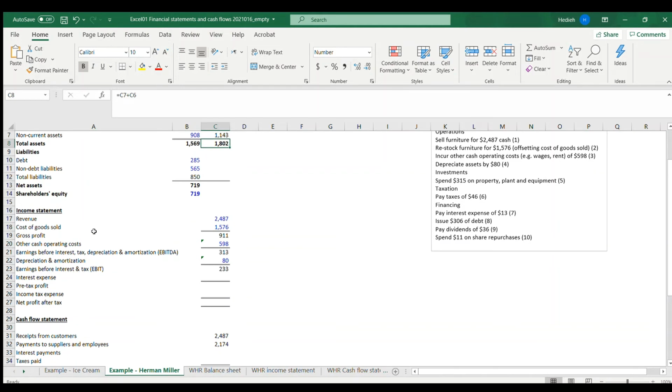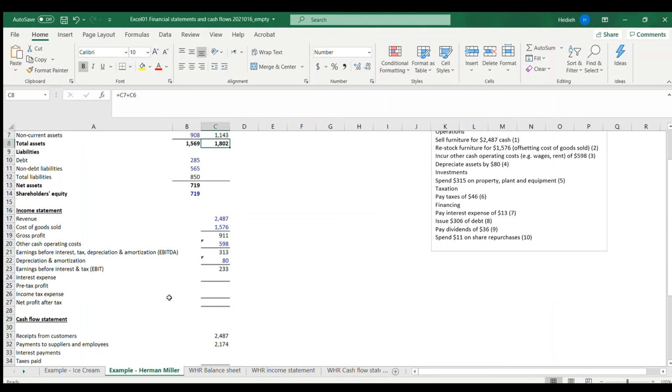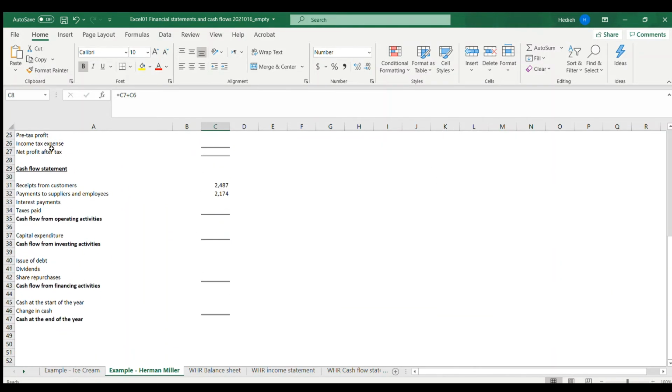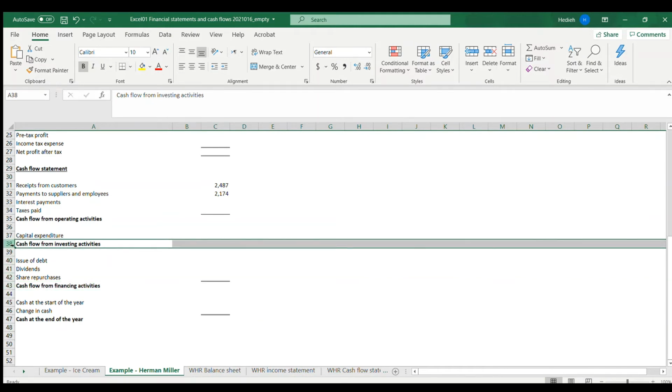Okay, does this transaction affect the income statement? This transaction does not affect our income statement because this is a capital expenditure and it doesn't show up on the income statement. But on the cash flow statement, we should go to the section related to cash flow from investing activities and consider this transaction.